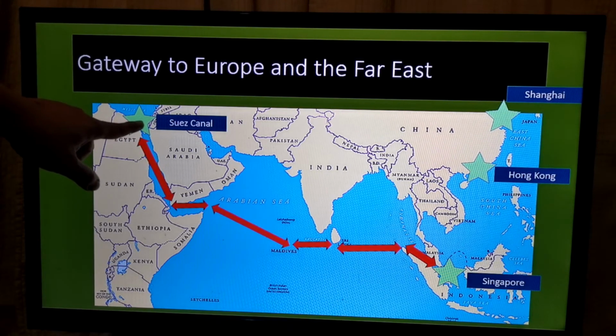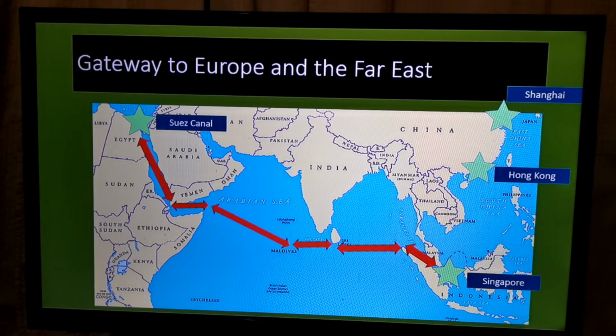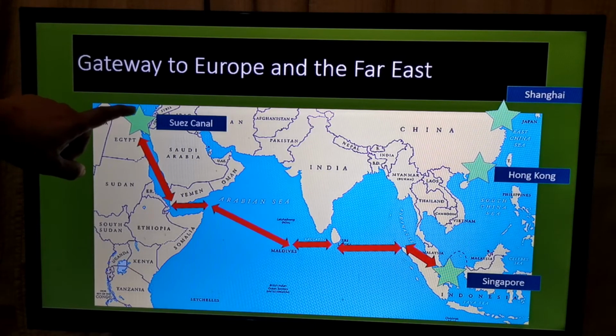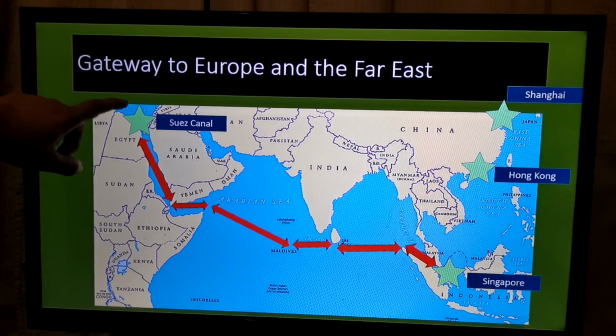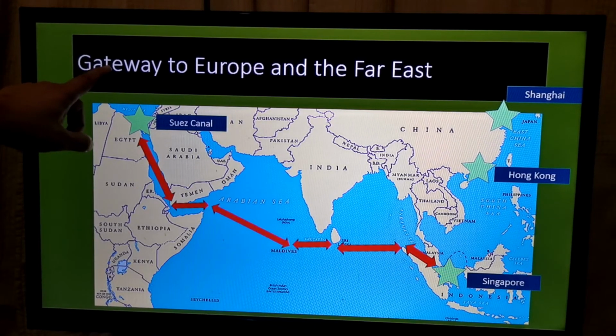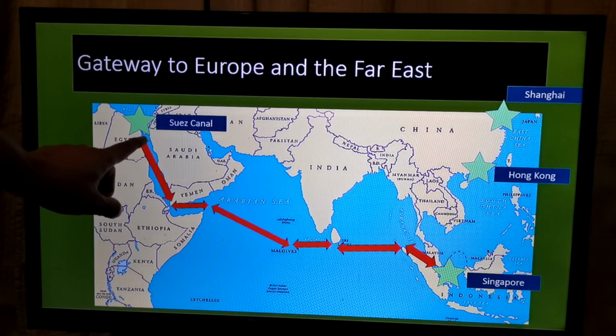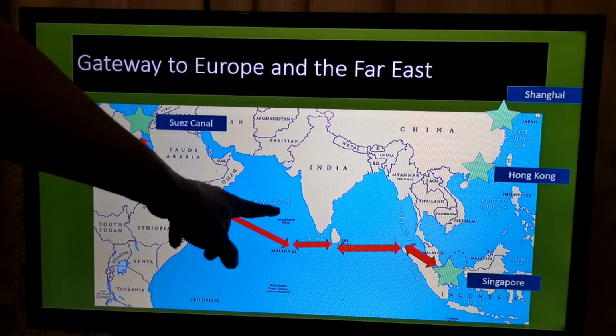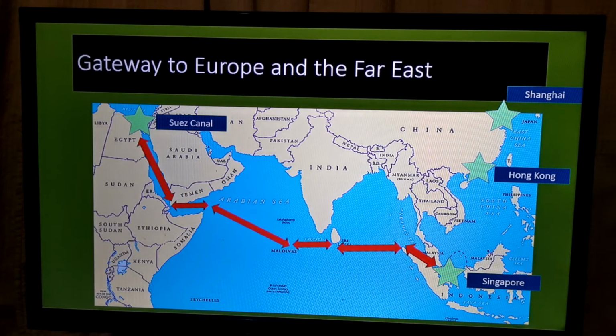And so all the ships going to Europe carrying cargo and people always pass through this Suez Canal going to Europe, or they are from Europe going to Asia. They would pass through the Suez Canal, go through the Red Sea. This is the Red Sea, and into the Arabian Sea or Indian Ocean, going to the Far East.